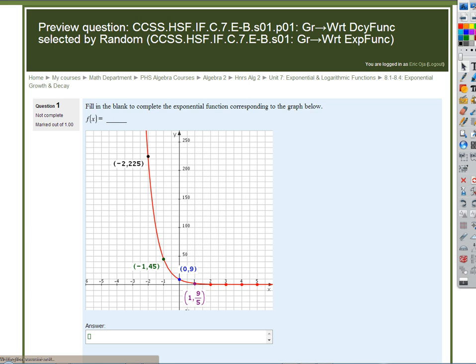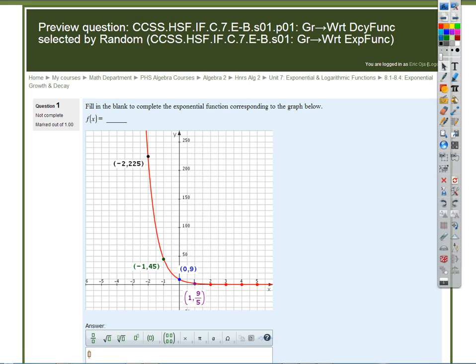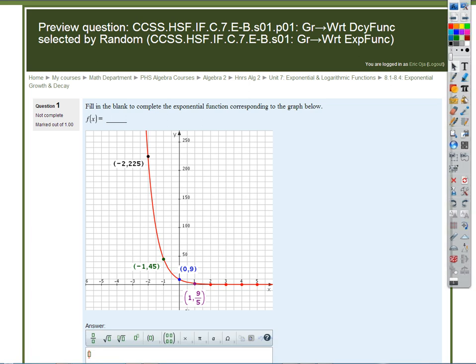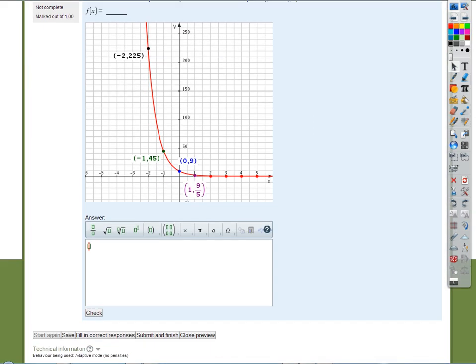Okay, let's look at this one. Okay, so what about one like this? Do we have to write this as growth or decay?